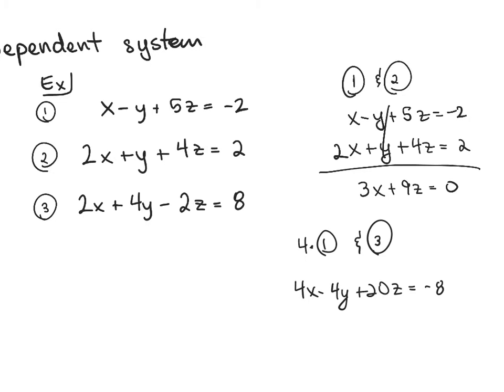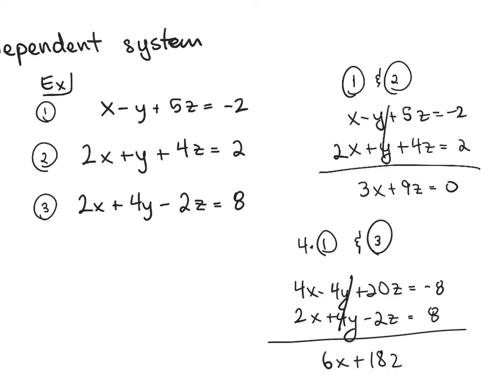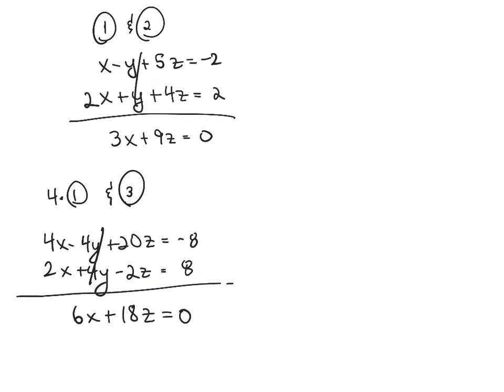That's 4 times equation 1, and then equation 3, y eliminates, and we get 6x plus 18z equals 0.